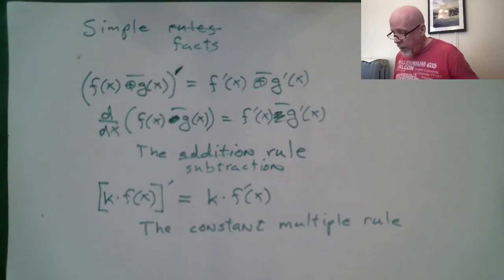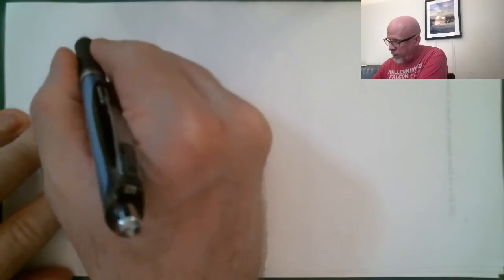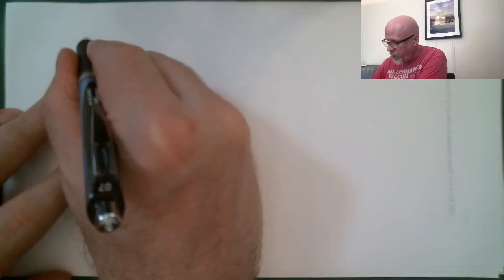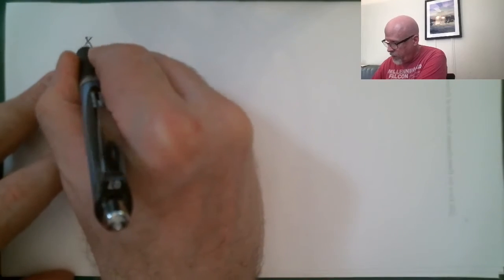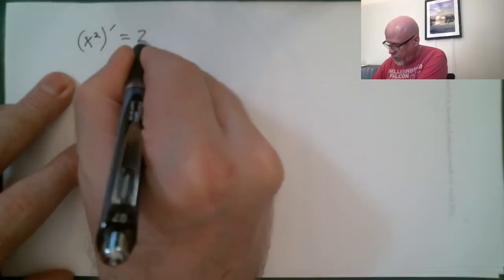Okay, so our last task for today is to see the power rule. To do the power rule, we really just need to figure out the algebra of powers of things like x plus h. Let me illustrate that. Do you remember when we were working out that x squared, when you took its derivative, gave you 2x?